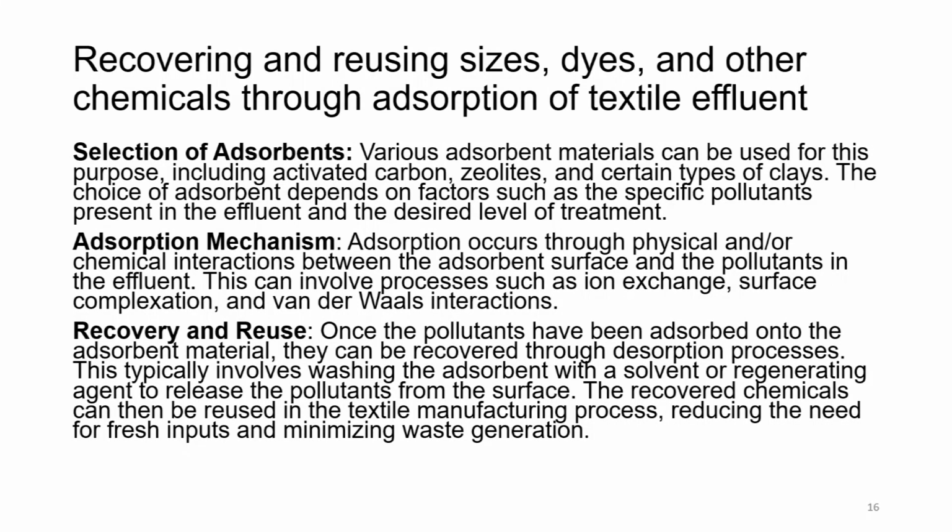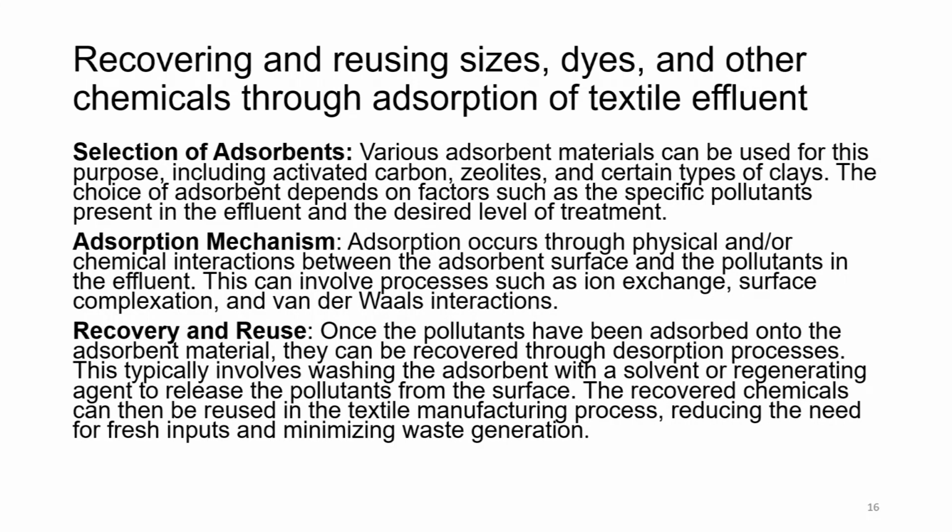Recovery and reuse. Once the pollutants have been adsorbed onto the adsorbent material, they can be recovered through desorption processes. This typically involves washing the adsorbent with a solvent or regenerating agent to release the pollutant from the surface.